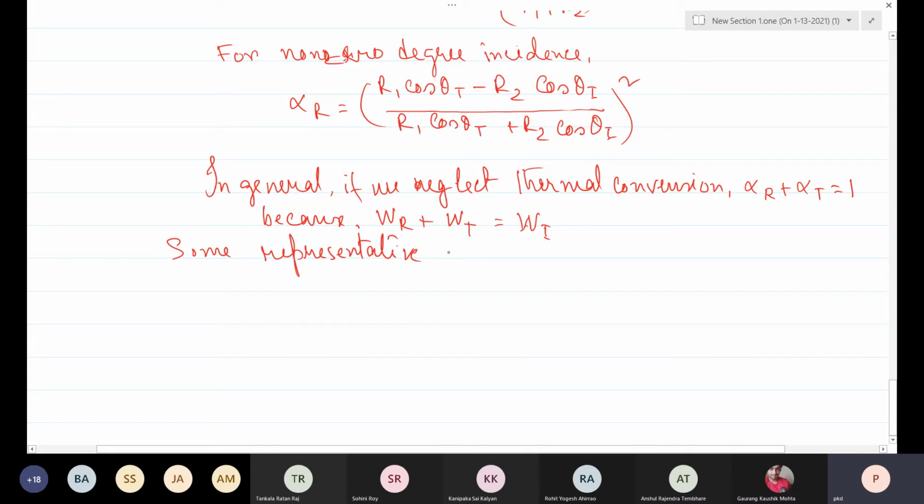Some representative coefficients for solid, liquid and air are given below.